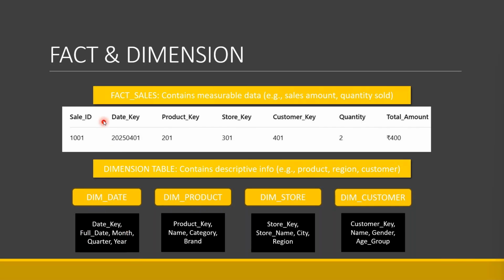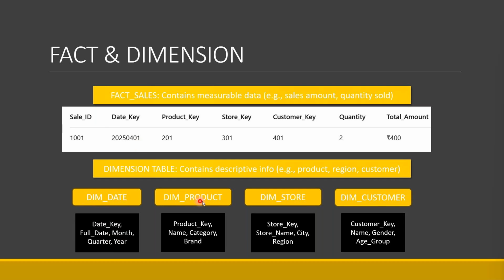Mostly the full date will be 2025 hyphen or slash 04, then slash 01. That will be stored in the full date column. In the month, we will have April or 04. In the quarter, we will say this is second quarter. In the year, we will have 2025. Like that, the information will be stored in the dimension date table.